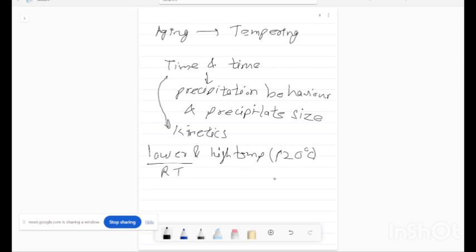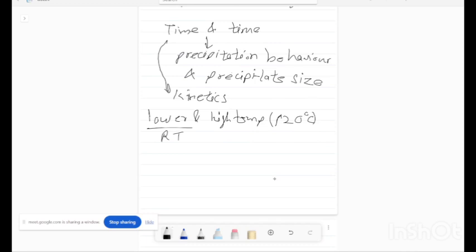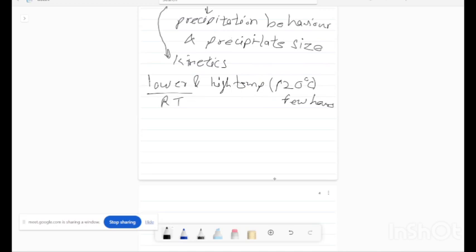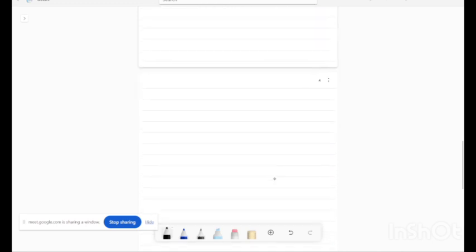At high temperature the kinetics will be high, while at low temperature the kinetics will be low, so it will take more time. So at 120 degree it will take only a few hours for precipitation. So we will study now the natural aging.